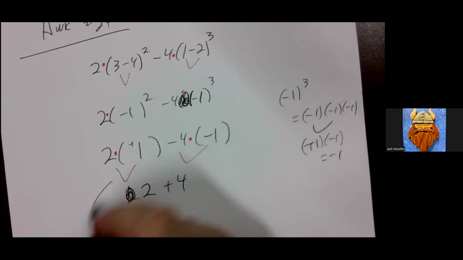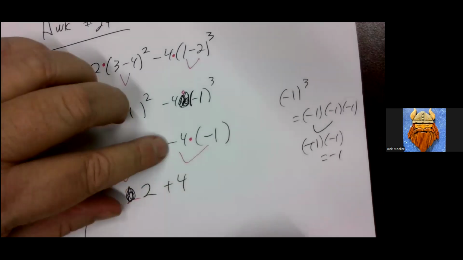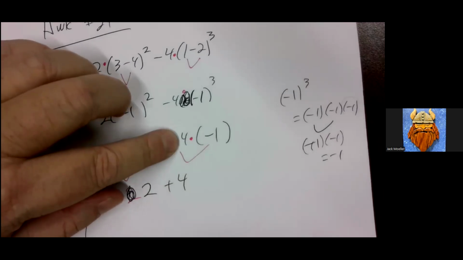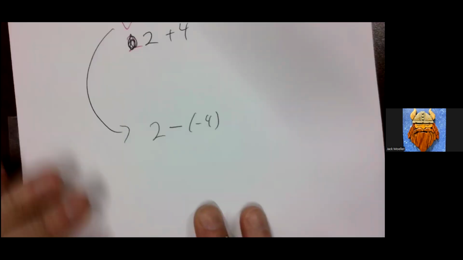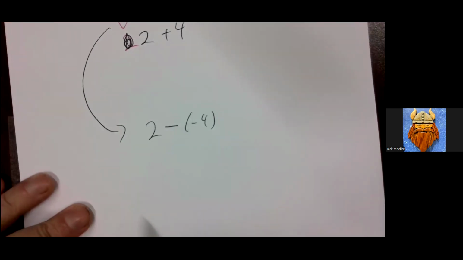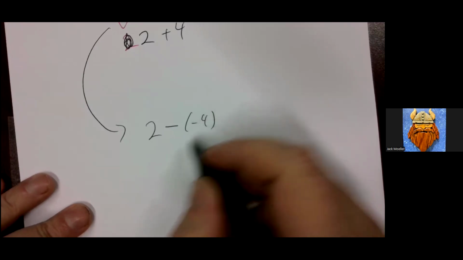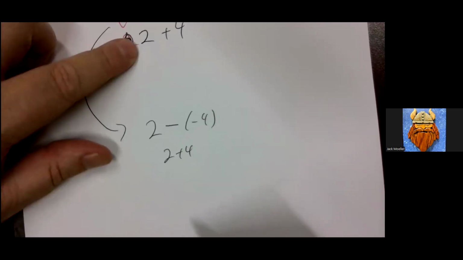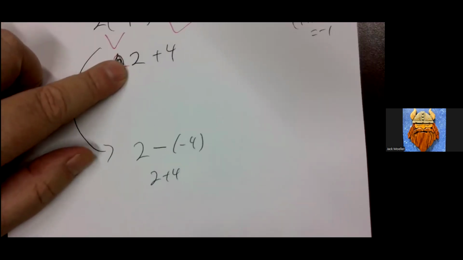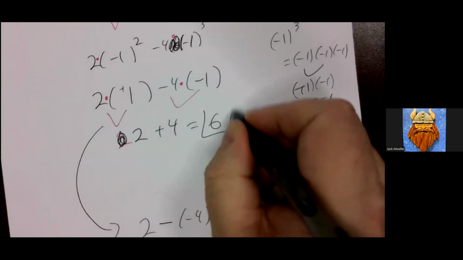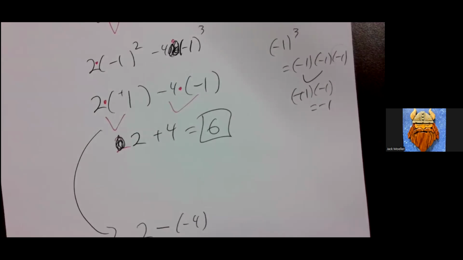If you didn't do it that way, and you just brought down the negative, then you're doing 4 times -1, which is -4. And then you have that double negative. And what does that double negative mean with that parentheses? That means 2 plus 4, which is what we got here a little bit quicker. 4. And once we do the multiply, now we're just doing basic addition. It's 6.